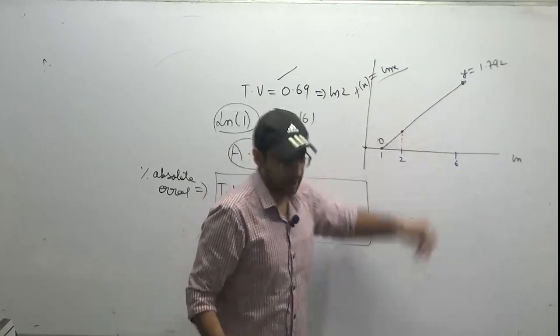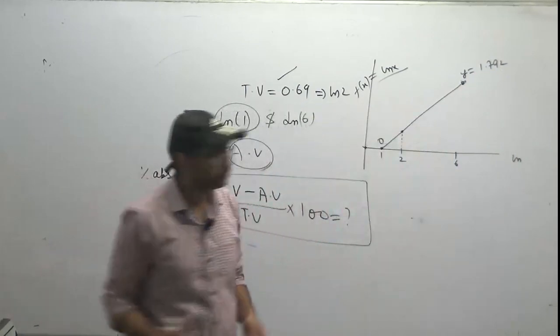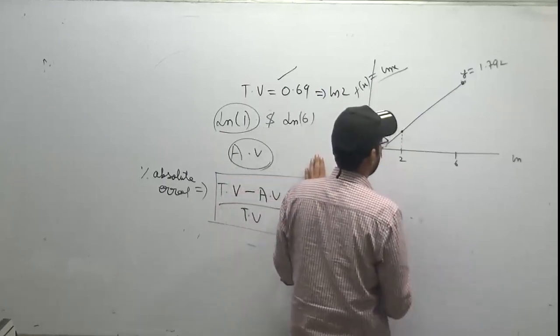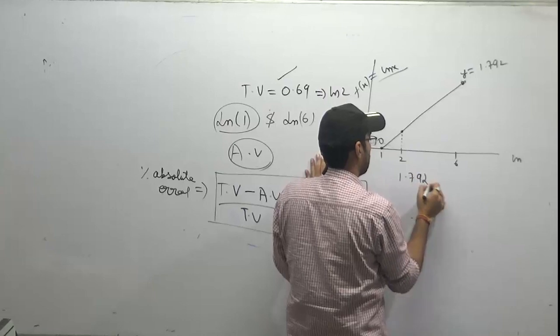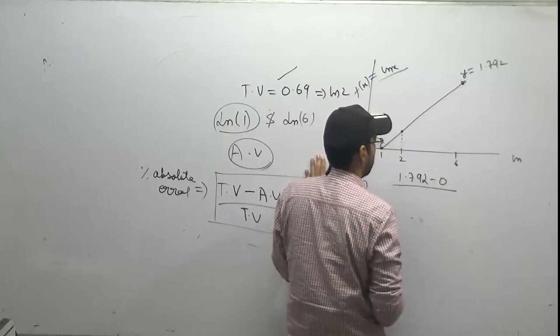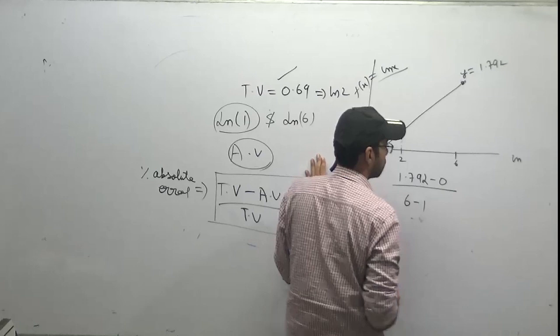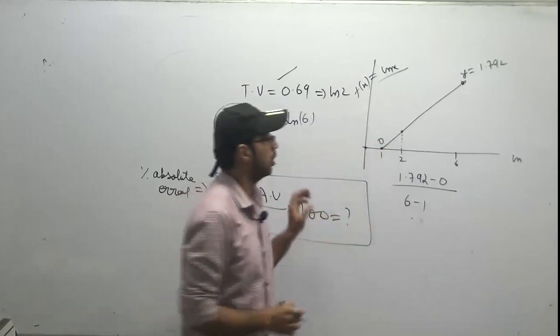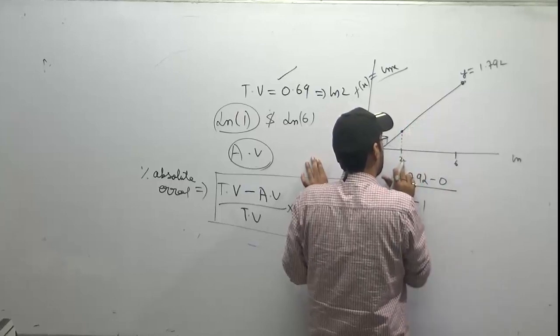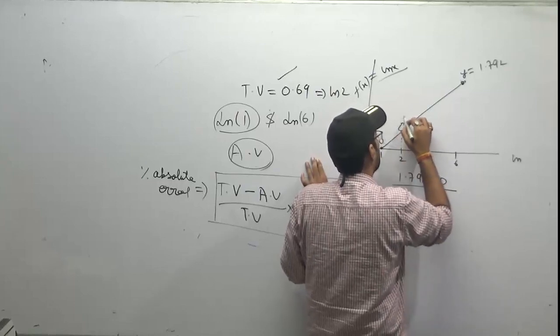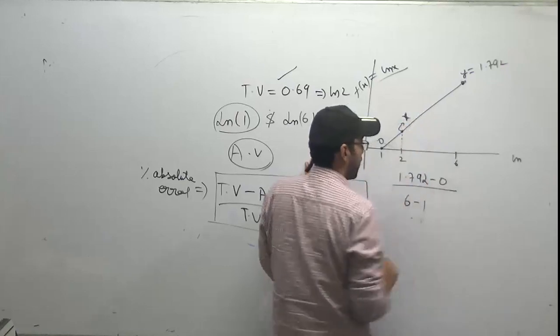What is the slope of this line? From here we can say that the slope is (1.792 - 0) / (6 - 1). Yes or no? Now, let's suppose the value of ln2 will be x.